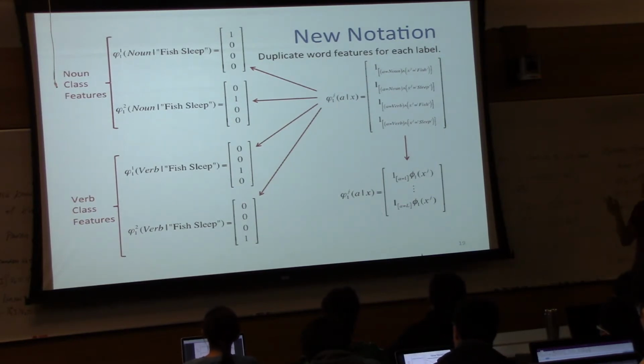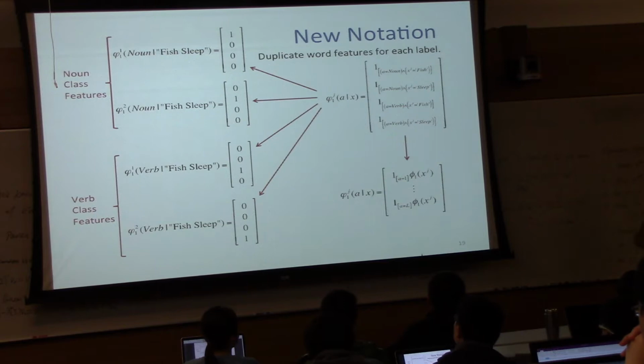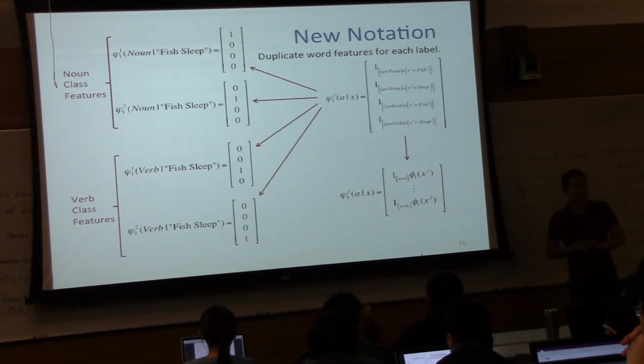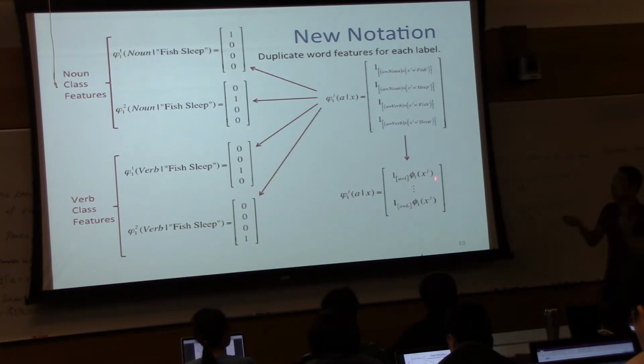One of the beautiful things about this notation is that now, suppose we didn't want to just use an indicator feature, right? We had some arbitrary features of our words, like phi of x. Like we could have an entire feature vector on the words.